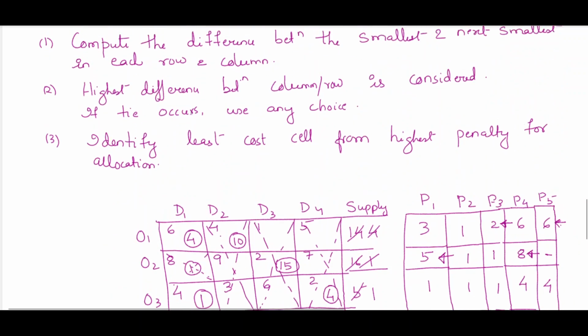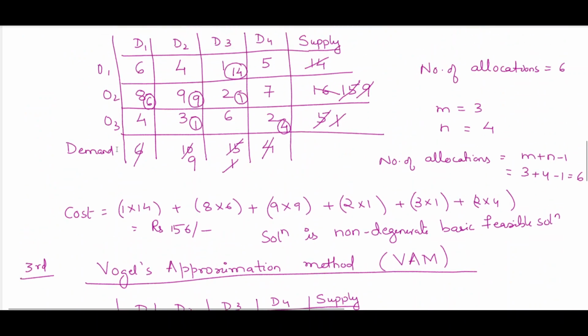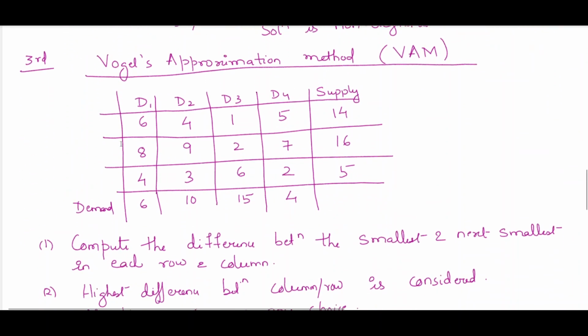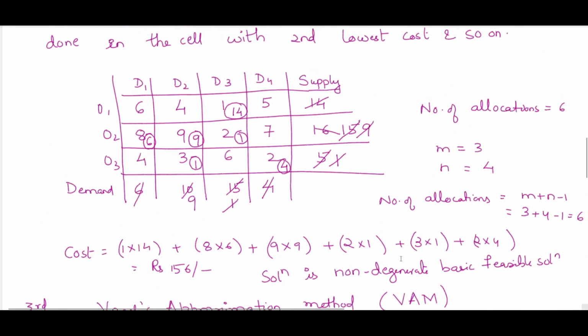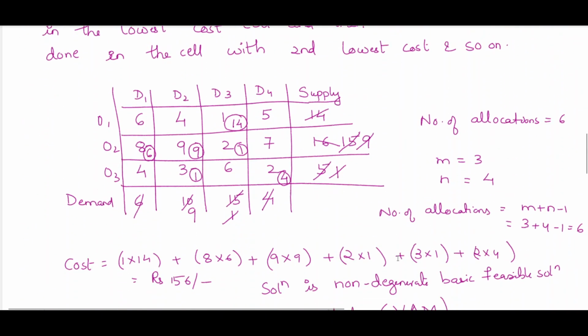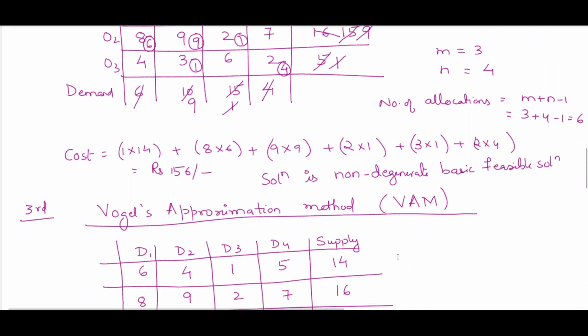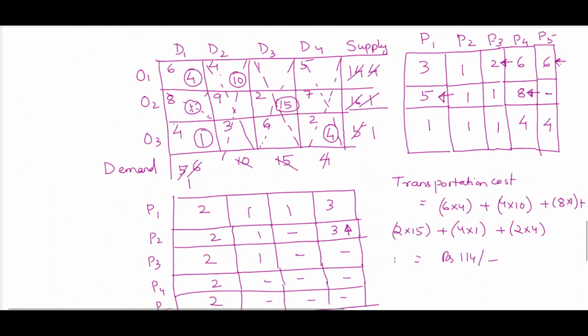So you can see that for all the three methods, different costs we are getting, and for this problem by VAM's method we got the least cost, 114. It was 128, 128, 156, and here 114.